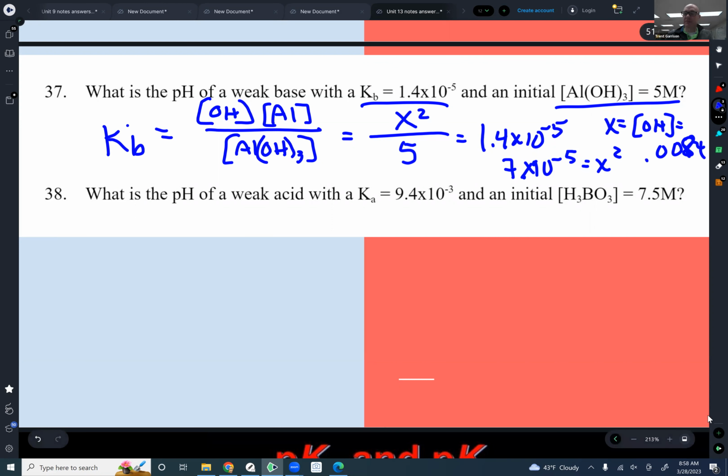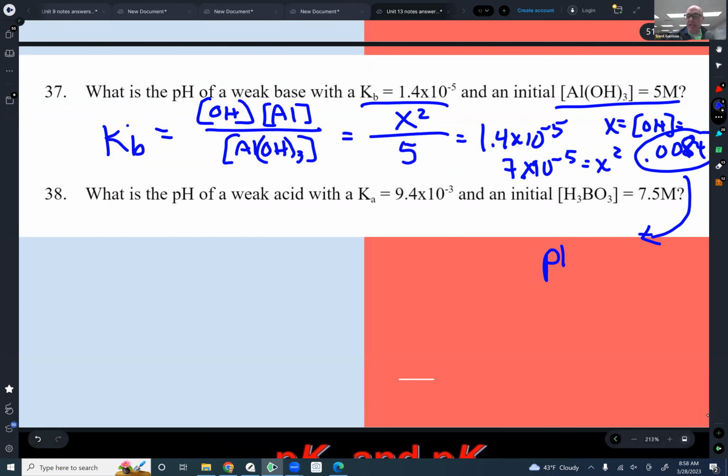Now, that's the concentration. That's not what we're looking for. That's just the concentration. So now we have to plug this into the formula to solve for the pH.